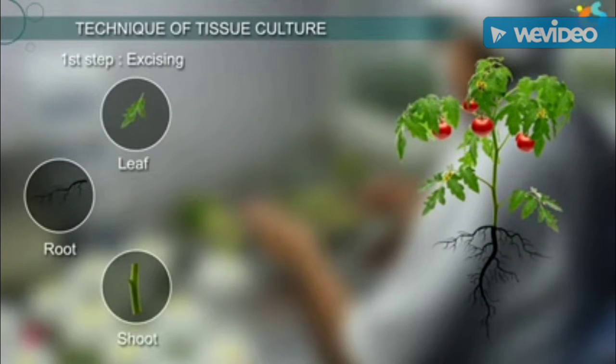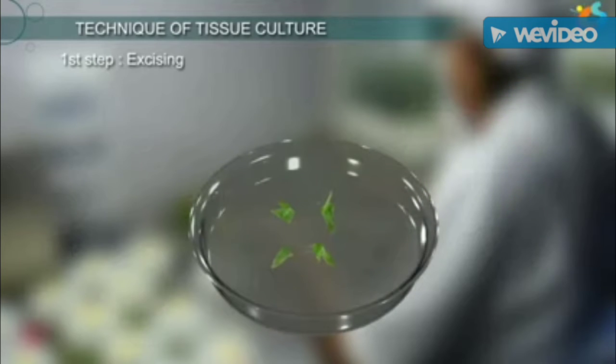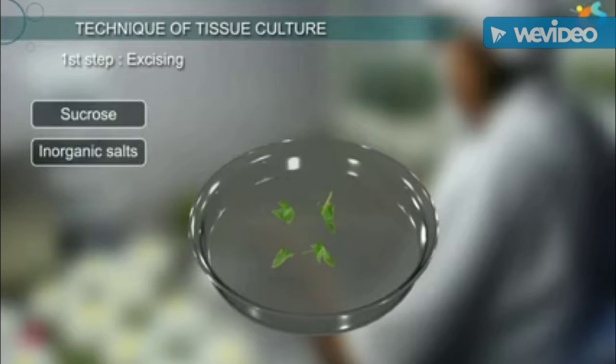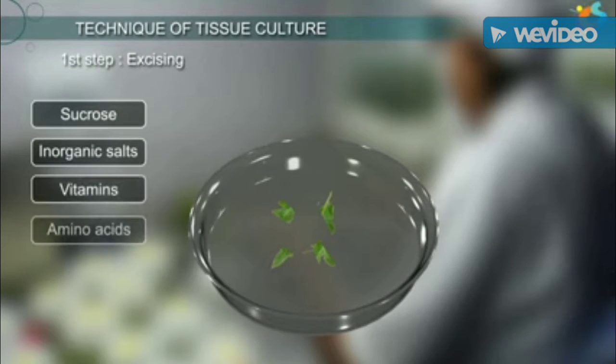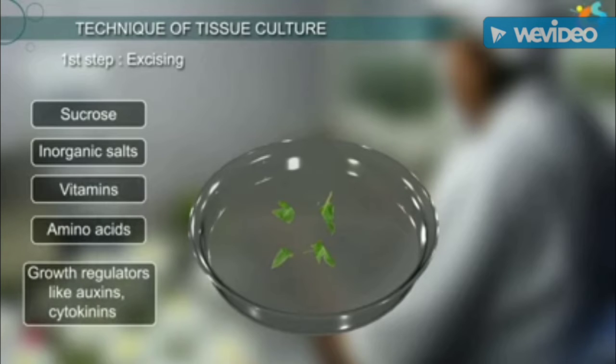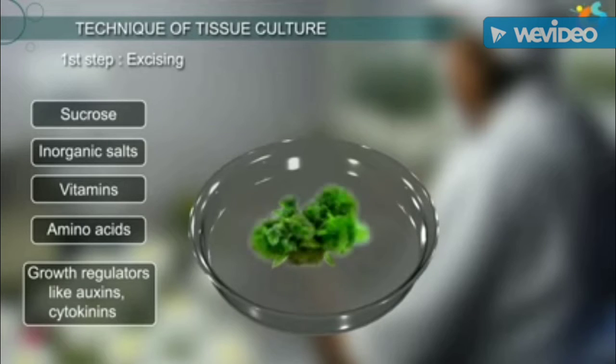This cut-out part, the explant, is then placed in a suitable nutrient medium containing a carbon source such as sucrose, inorganic salts, vitamins, amino acids, and growth regulators like auxins, cytokinins, etc. The explants are allowed to multiply and form a group of tissues called callus.